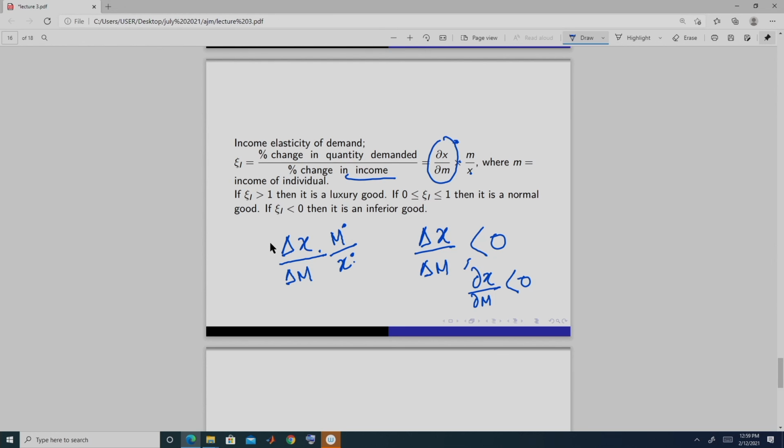And if this income elasticity is greater than 1, that is, if income changes by 1 percentage unit and the quantity demanded increases by more than 1%, then we say that it is a luxury good.